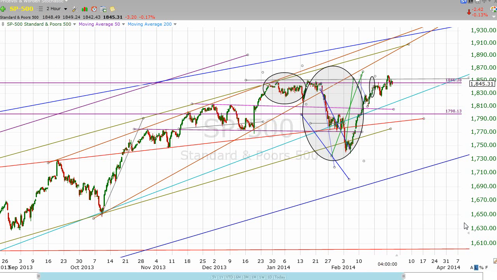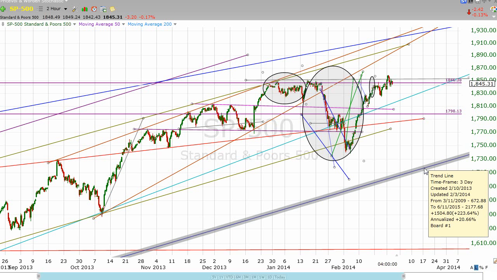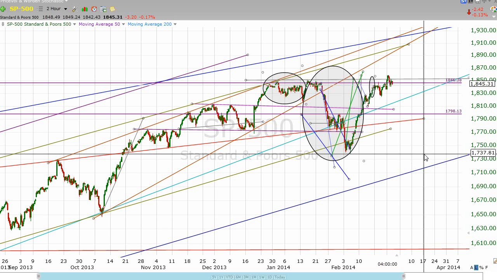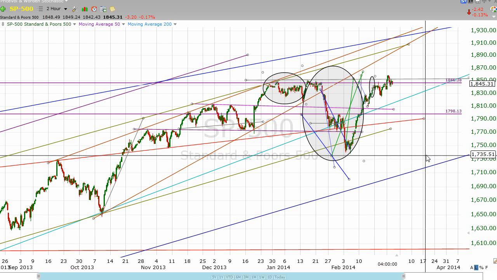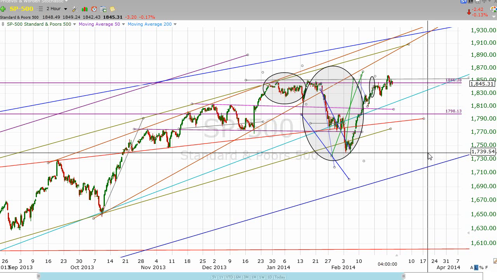And in order to do that, we would, in all likelihood, have to take out some long-term support. So, as someone who's still willing to give this market the benefit of the doubt, I don't want to see that happen, but I feel obliged to let you know that we have this move over about, let's just call it 1740.